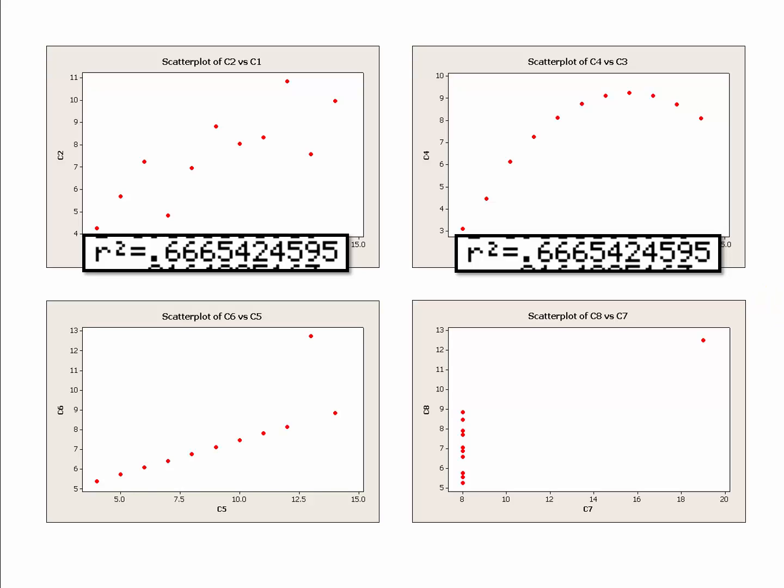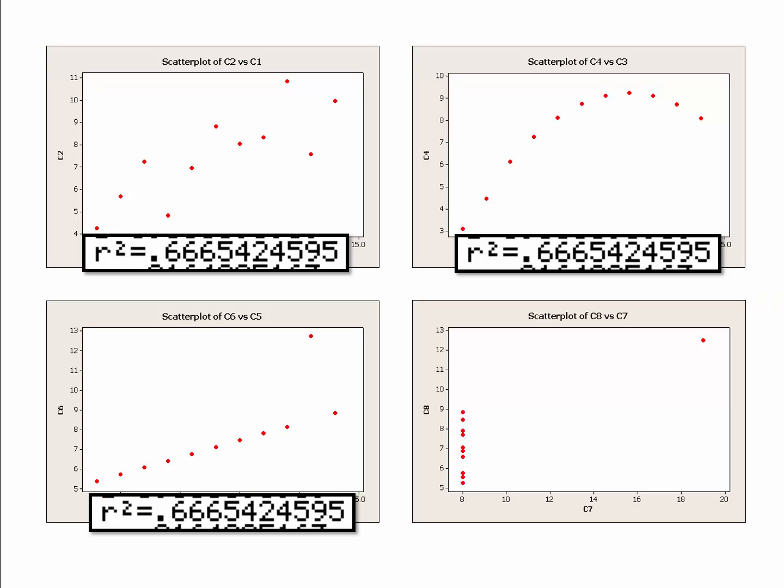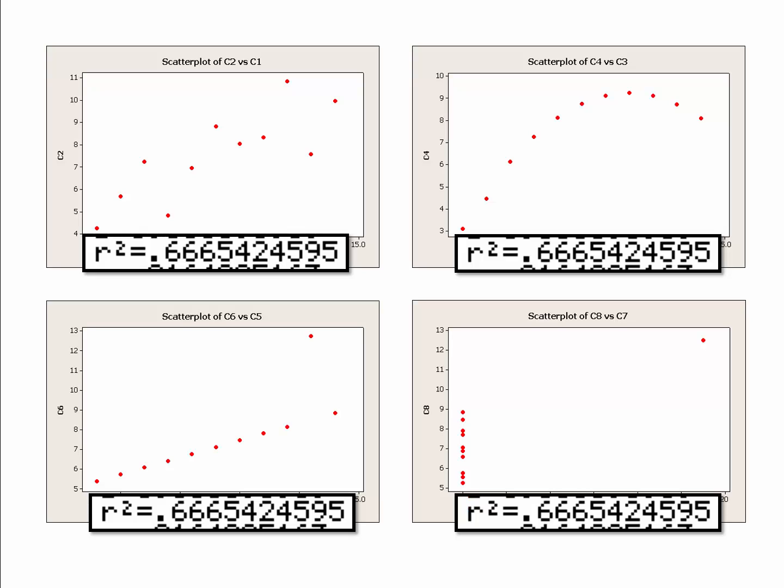If we did it for the third data set, r-square would be exactly the same value. And even for the last data set, we would get exactly the same r-square. So this is why it's important that we look at all 3 concepts: the scatter plot, r-square, and it's also a good idea to look at the residual plots.